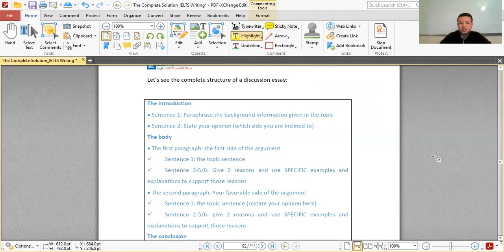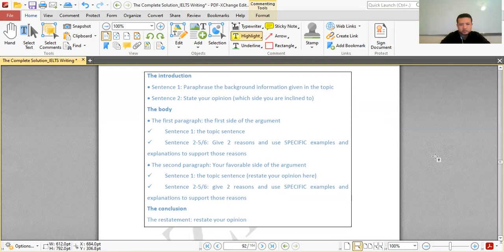I mean which side you are inclined to, which side you support, which side you agree with. Plus, in the introduction it is a good idea to give some topic sentences which you will explain in the body paragraphs, which is very crucial if you want to get 7 plus, because it is the introduction structure for 7 plus. So keep this structure in mind.